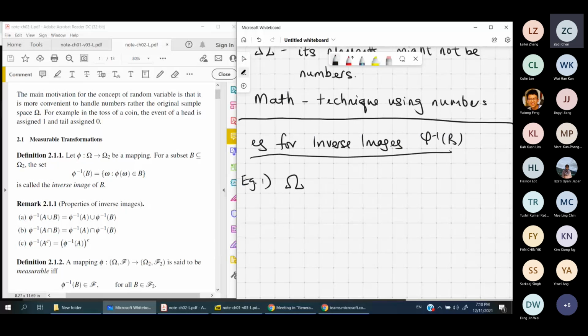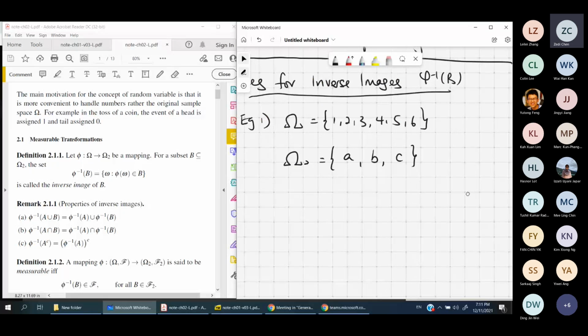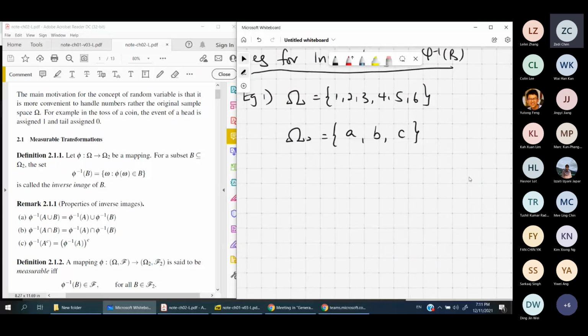Again, let's say our omega is 1, 2, 3, 4, 5, 6, and let's say our omega 2 is A, B, C. Let's say we have this assignment: phi of 1 is equal to A, phi of 2 is equal to B, phi of 3 is A, phi of 4 is A, then phi of 5 is C, and phi of 6 is B.